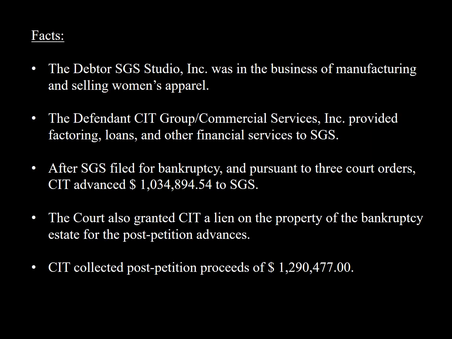There's another case involving the garment industry, involving the lien defense against the preference action. It just shows the importance of liens and perfecting your lien. It's a 2001 case, Texas. The debtor was in the business of manufacturing and selling women's apparel. CIT had granted loans, both pre-petition and post-petition, so it had a lien on property of the estate for the post-petition transfers.